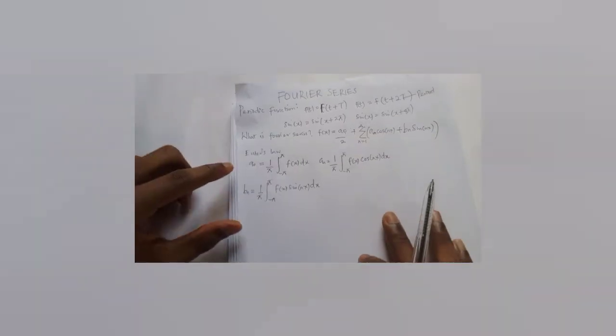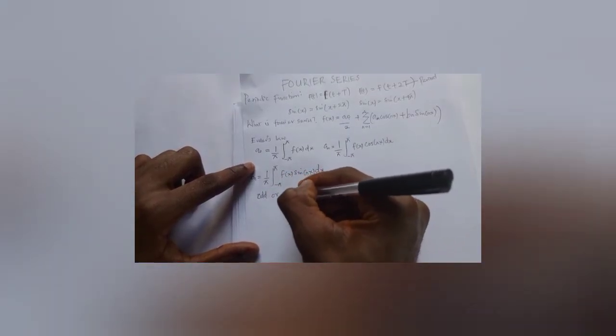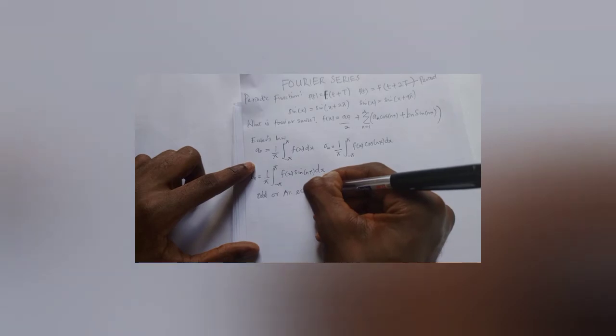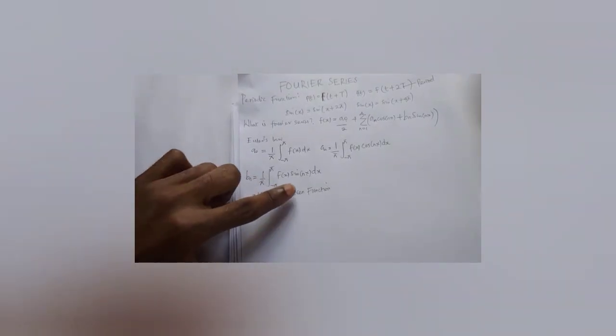The next thing you have to know in this Fourier series is what we call an odd or an even function. So what is an odd function and what is an even function?